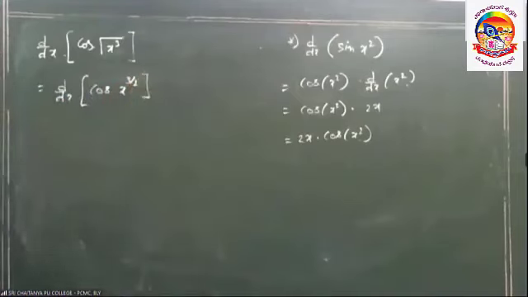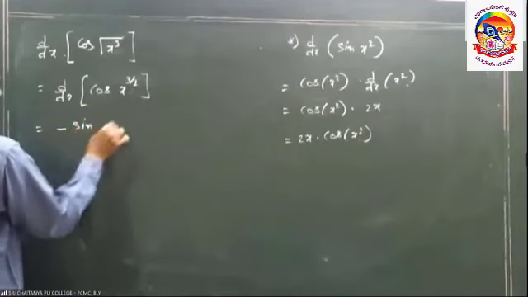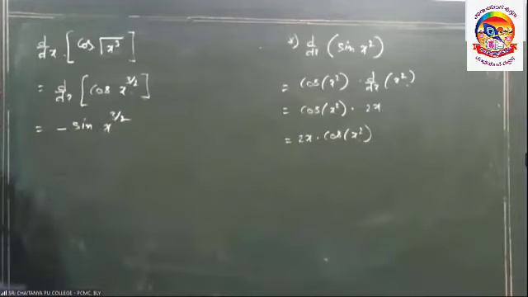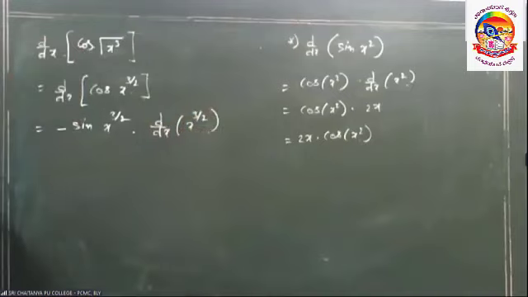Cos of x power 3 by 2. What about the derivative of cos? Minus sin into the derivative of x power 3 by 2.